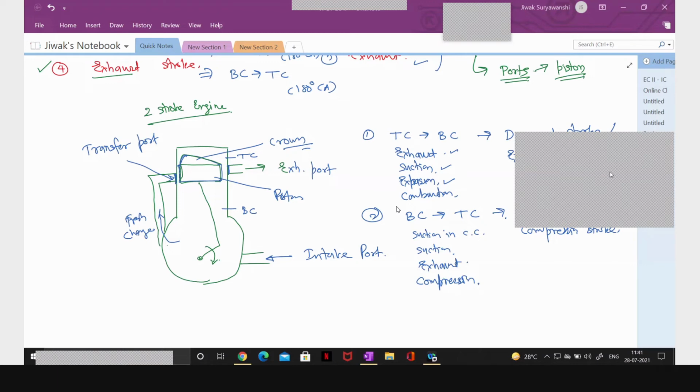But we have sufficient charge inside the crankcase.